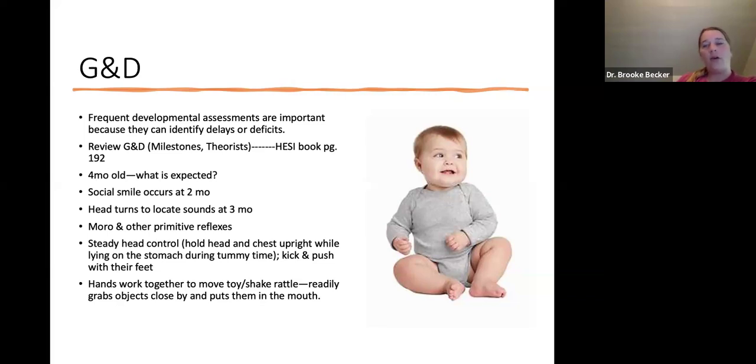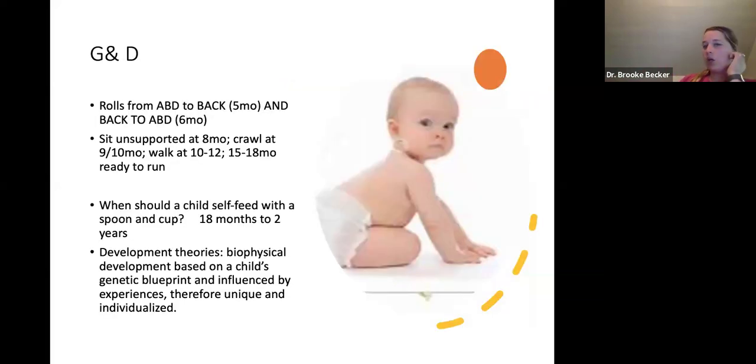But look again at all of those milestones. Head control, doing tummy time. And remember, kids don't have to go in a step approach. They can kind of skip here and there as long as they're meeting all of the milestones around the same time. And look again at your theorists.